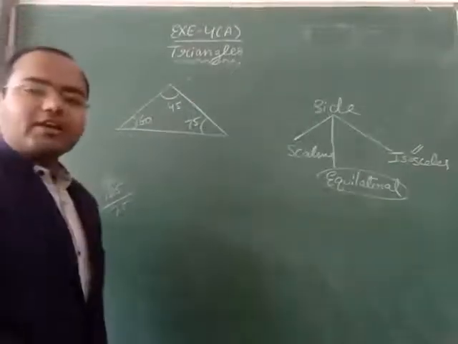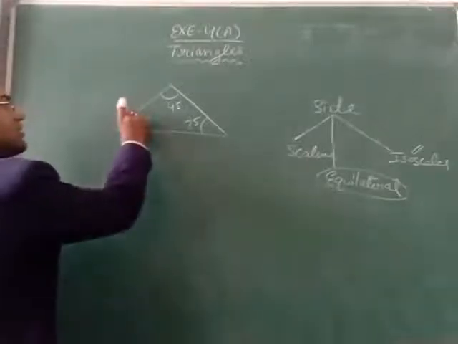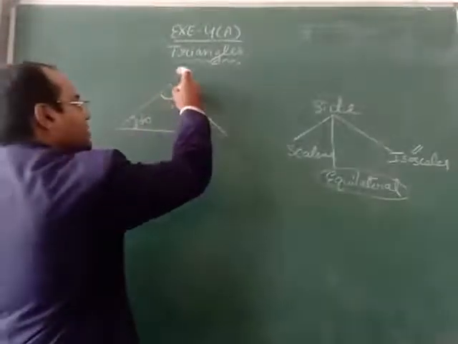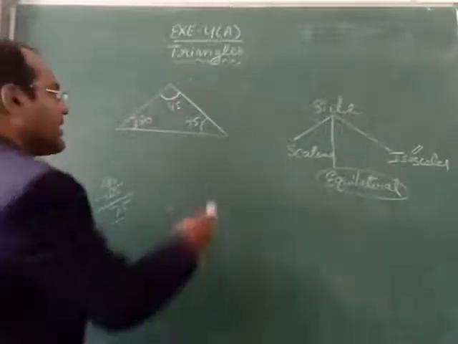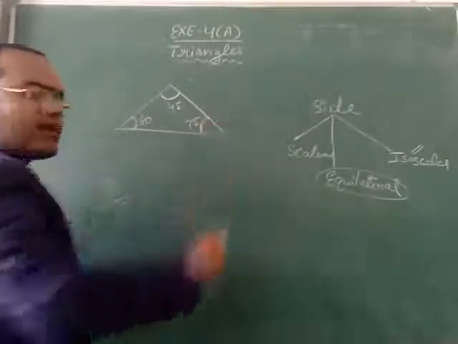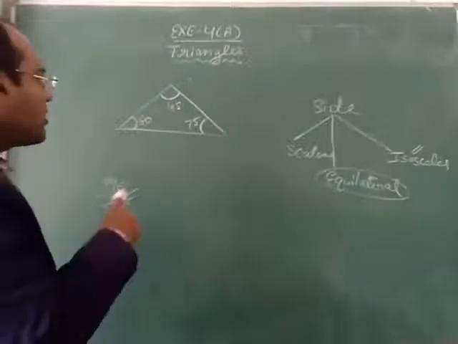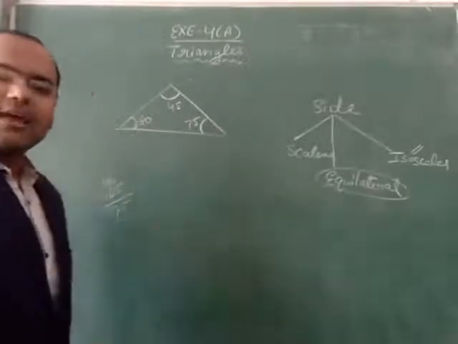In this triangle, three angles are there. First angle is 60 degree, second angle is 45 degree, and third angle is 75 degree. So in this triangle, all the three angles are less than 90.